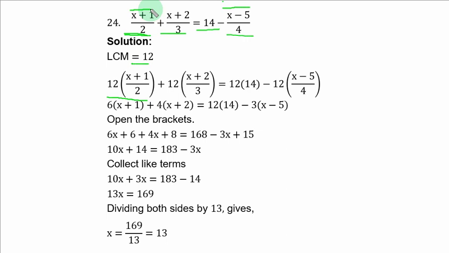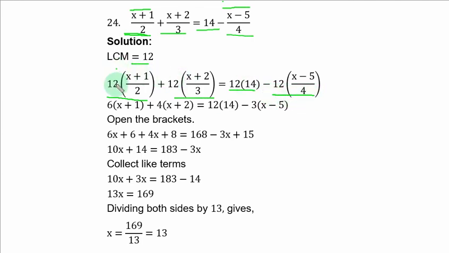So I prefer using bracket if the numerator is 2 terms and above. The second term in the fraction, you multiply it by 12. The first term in the right hand side, multiply it by 12, and the second term by 12.